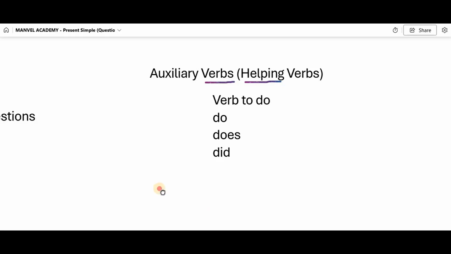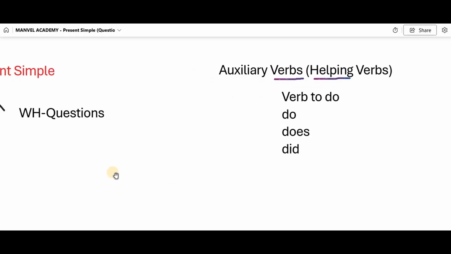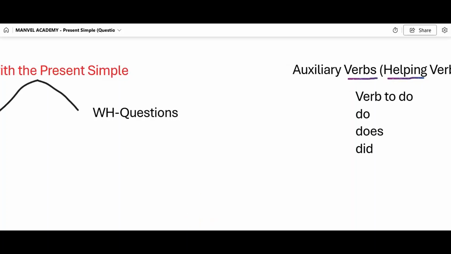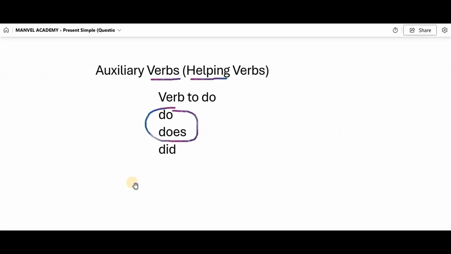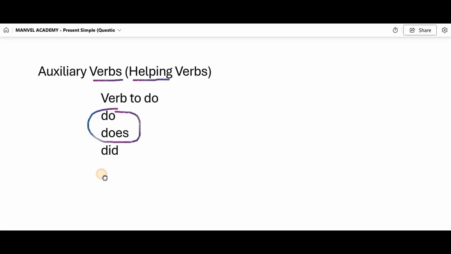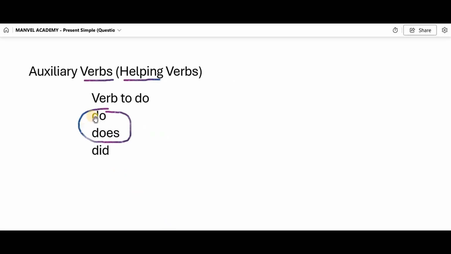But since we're talking about the present simple, we'll be focusing on these two, do and does. I'm going to tell you everything, but first, please focus on do and does.